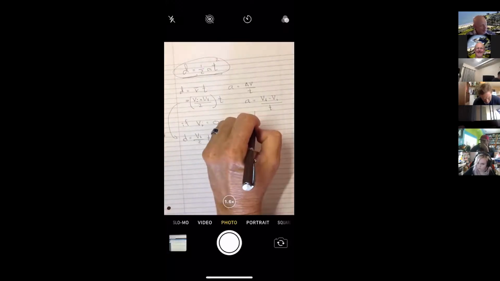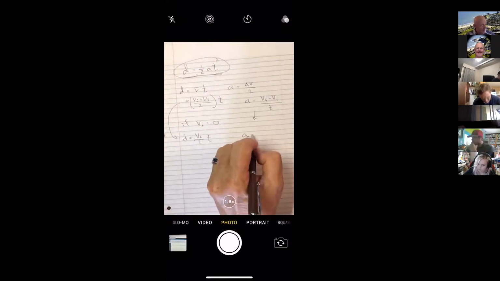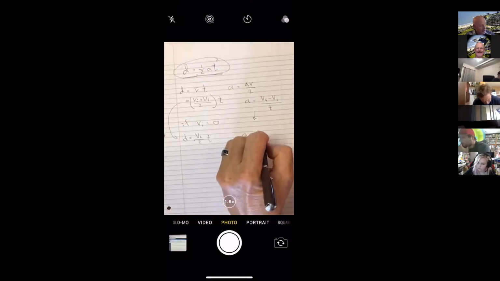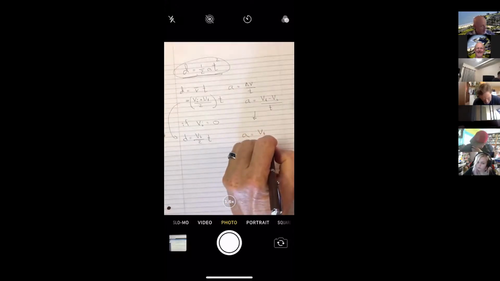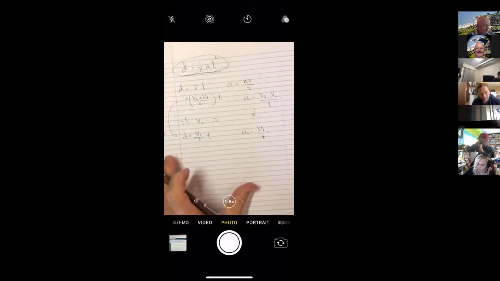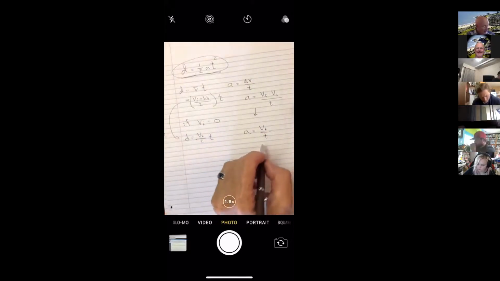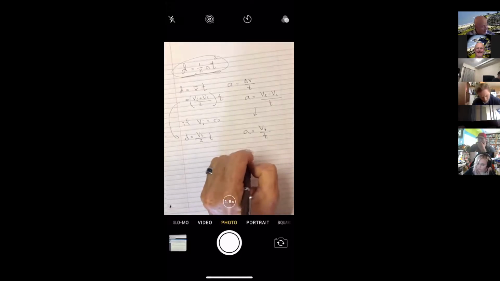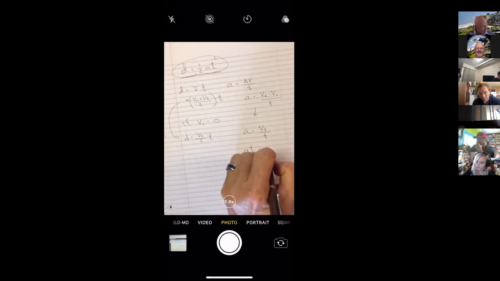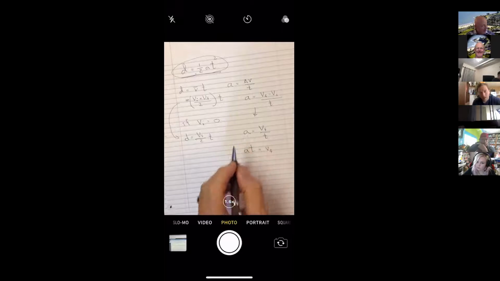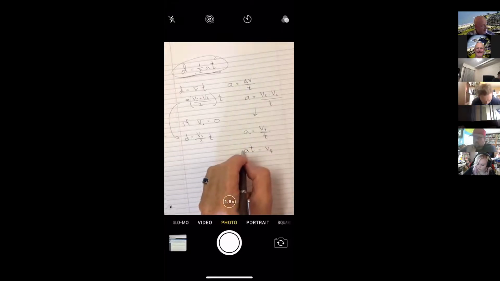And if I do this equation, I get final speed over time. Then if I move t to the other side of the equation, I get final speed equals a times t.